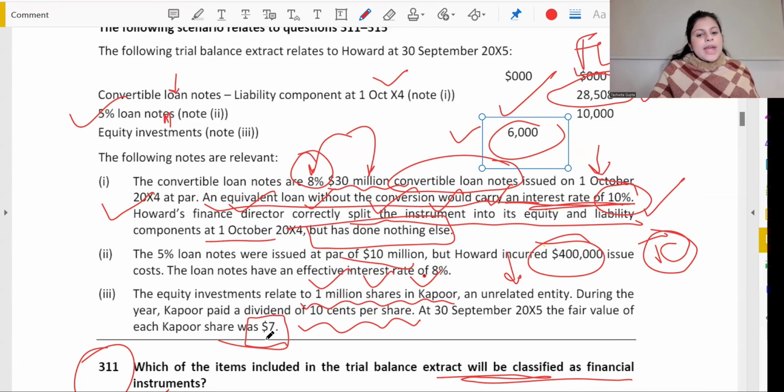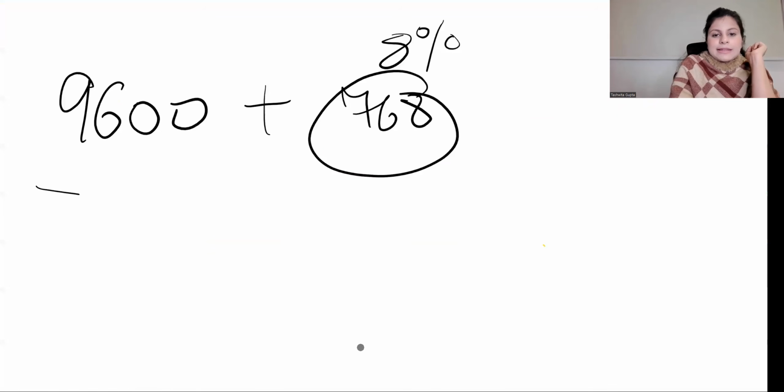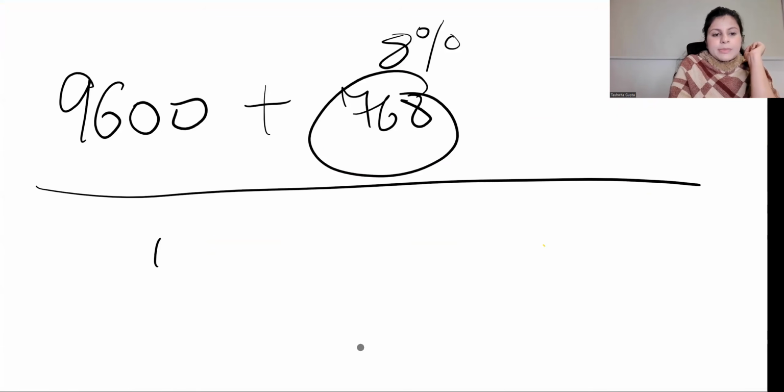So how many shares do you have in Kapoor company? 1 million shares. How much dividend am I receiving? I'm receiving 10 cents per share. 10 cents means $0.1.